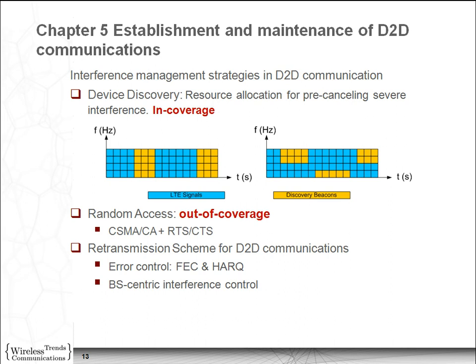All this handshake process should be done. And of course, they need to handle also the retransmission, the error correction, and things like that. And the question here is, in which situation, in coverage or out of coverage, how should the devices handle these problems. So this chapter is just about that.